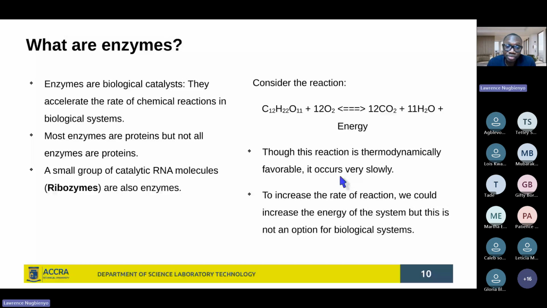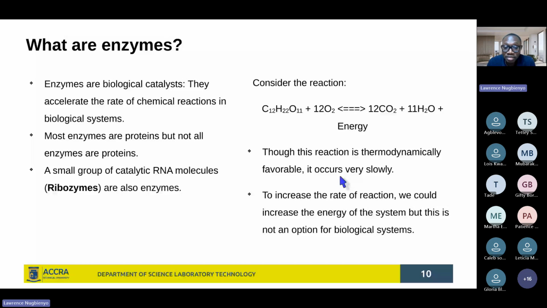But this is not an option for biological systems. What's the physiological temperature of human beings, for instance? It's around 36.6 degrees Celsius, approximately 37 degrees Celsius. And you know what it means if you increase the temperature of the body above that, say 39, 40.